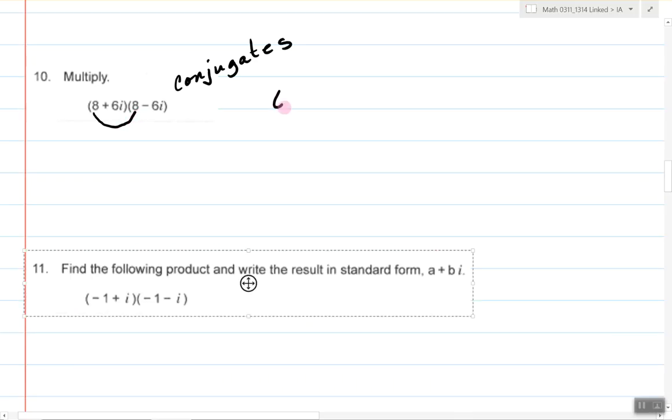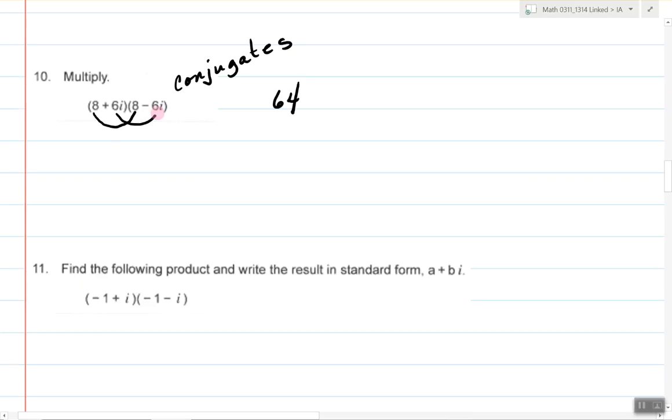8 times 8 is 64. Multiply the last. It will always start out being a negative. 6 times 6 is 36 i squared. But because it is an i squared term, and it always will be with these complex conjugates, that is negative 1. Negative 1 times negative 36 causes that to change signs.